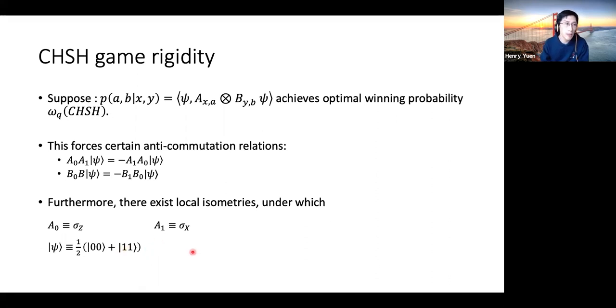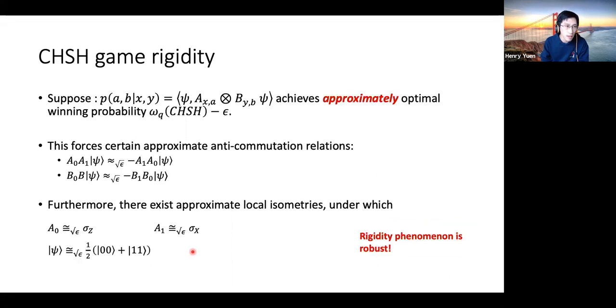This is what we mean by rigidity. You play this CHSH game and you take any optimal strategy, and it essentially has to be the textbook strategy I just described. It can't be any other thing. This fact also holds approximately. If you have a strategy that wins approximately optimally, then these anti-commutation relations and these isometries all hold approximately. So this rigidity phenomenon is robust.